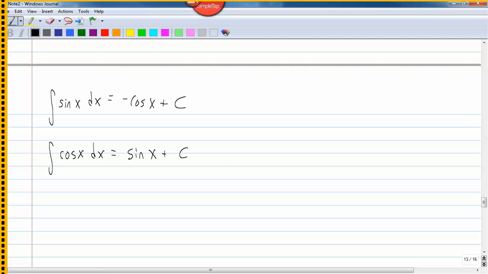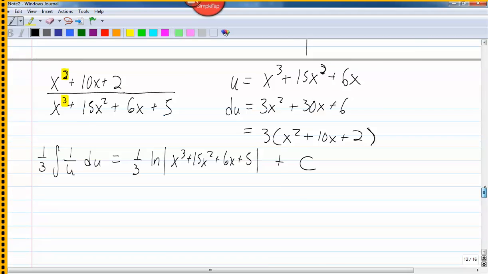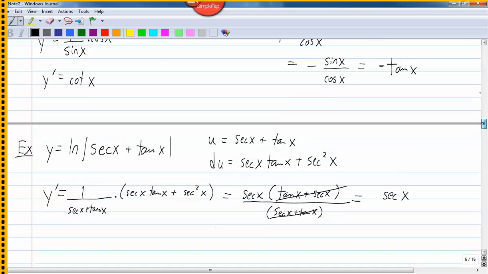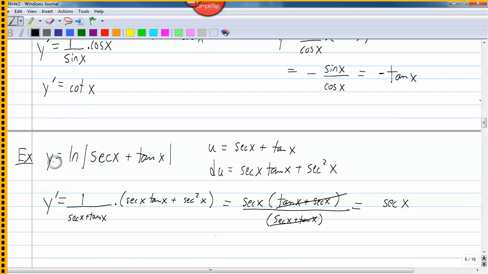Like we went over the integral of secant squared. Well, what about the integral of secant? We've actually worked that. If you remember earlier, I took the derivative of the natural log of secant x plus tangent of x, and I said that was equal to secant.